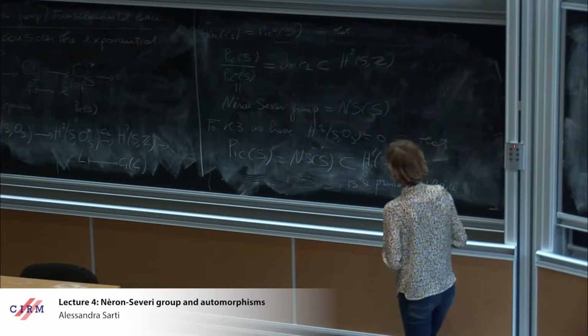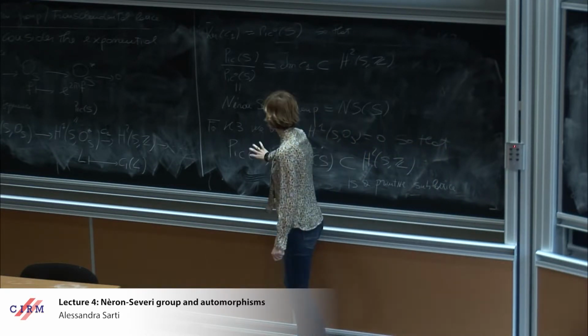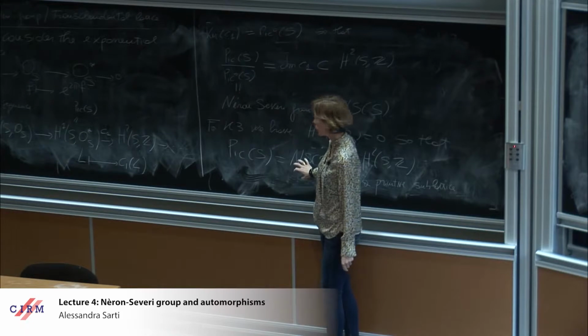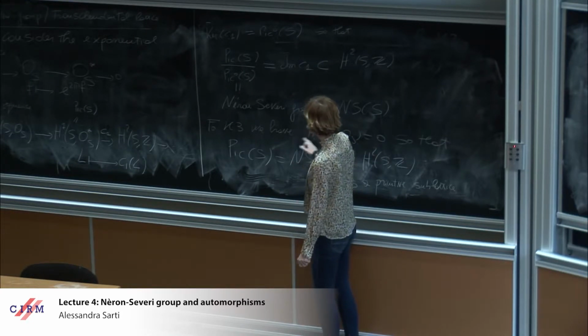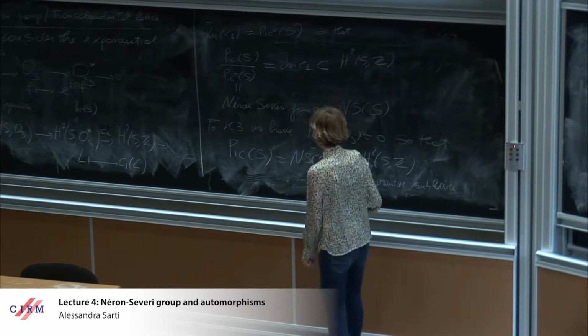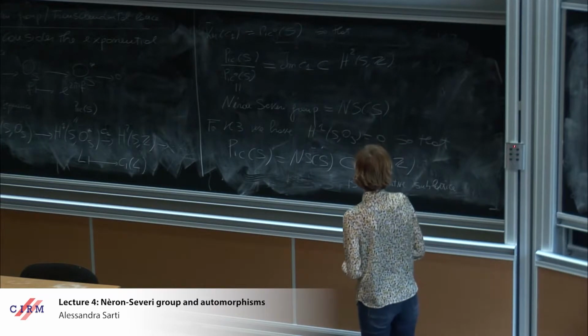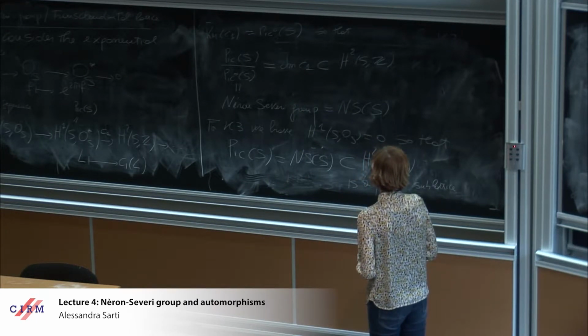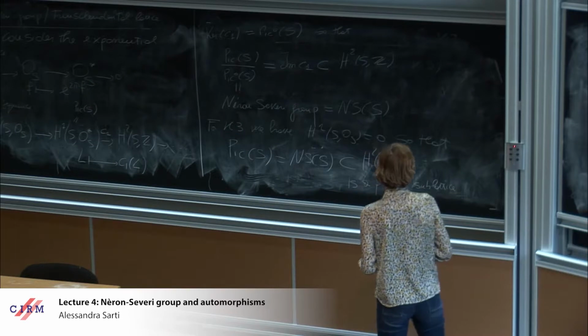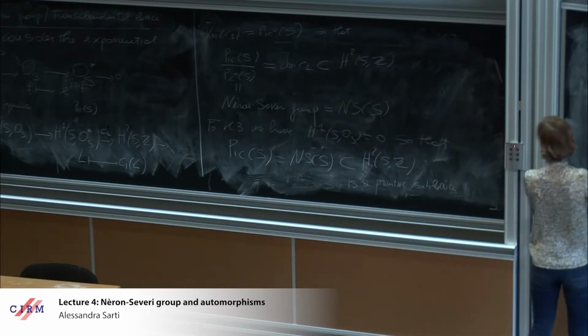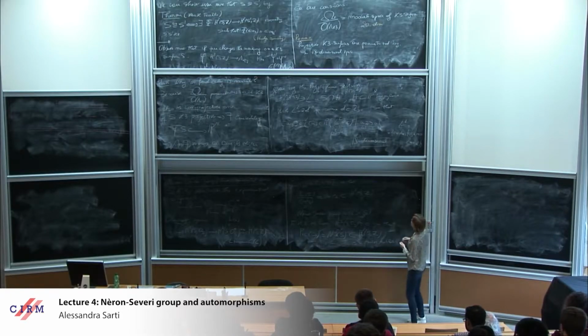But the important fact is that you have line bundles that you can see also as classes in the Néron-Severi group, and this is a lattice. So again, you see lattice theory come into play. And the orthogonal complement of NS(S) is also a lattice, which is called the transcendental lattice.